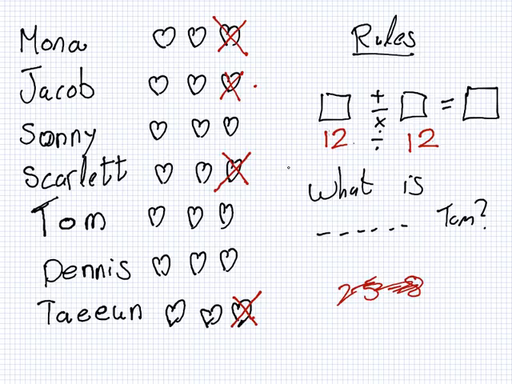Go ahead, Mona. What is 4 by 3? Scarlett. Good. Go on, Scarlett. What is 3 subtract 2? Tom. Okay, go on, Tom.